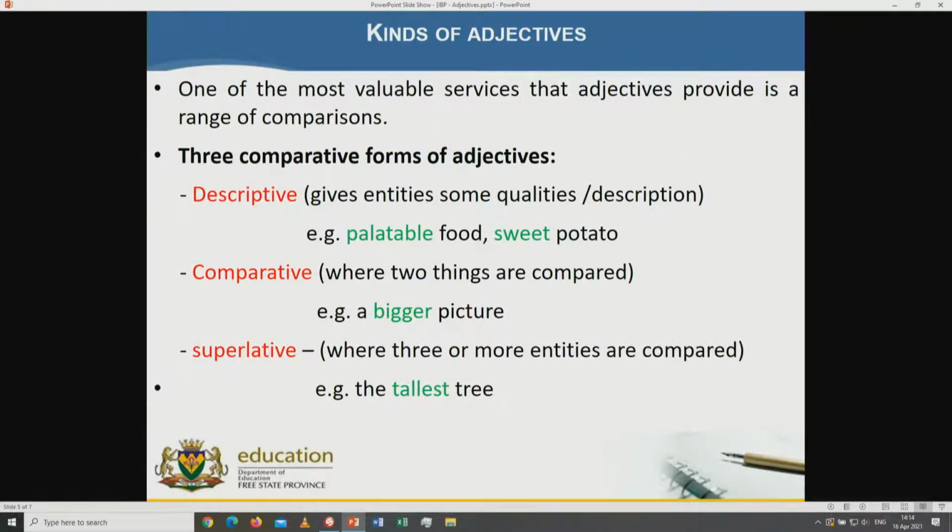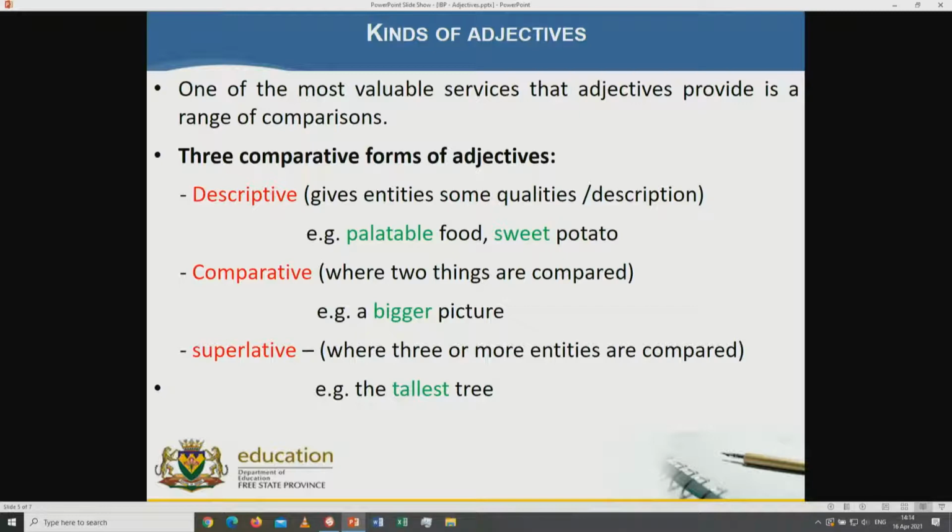We're saying one of the most valuable services that adjectives provide is a range of comparison. We have three comparative forms of adjectives when I talk about the kinds of adjectives.